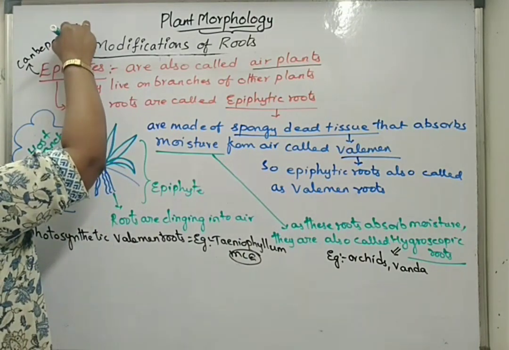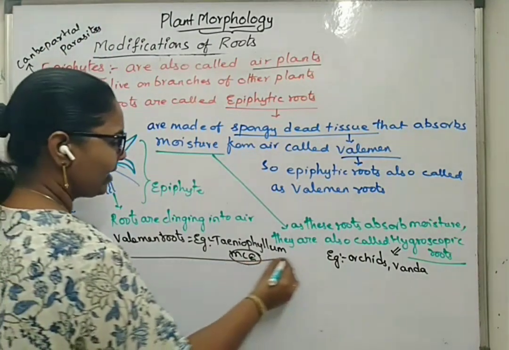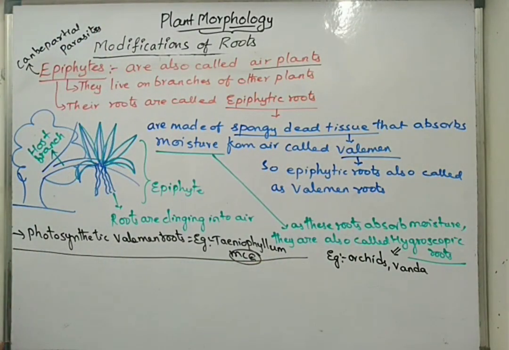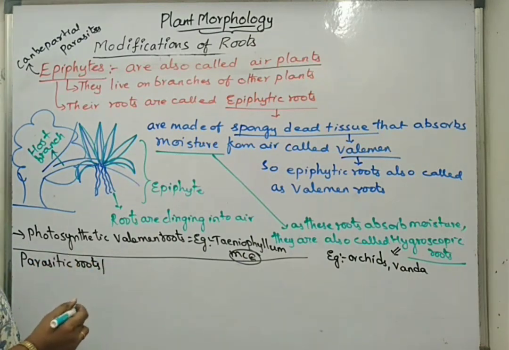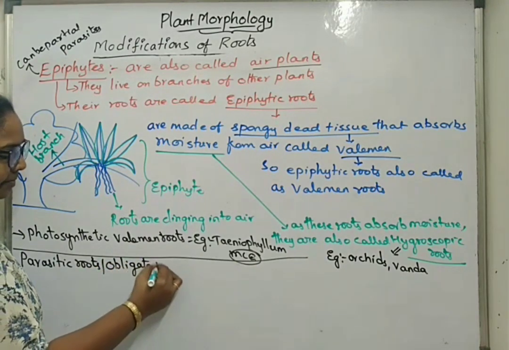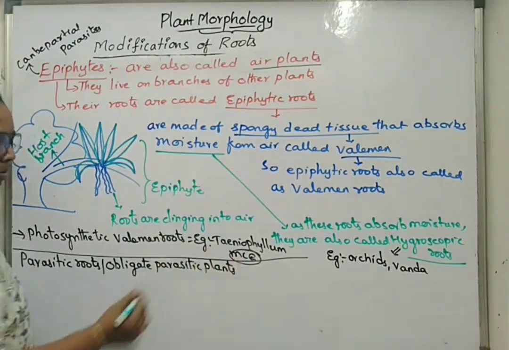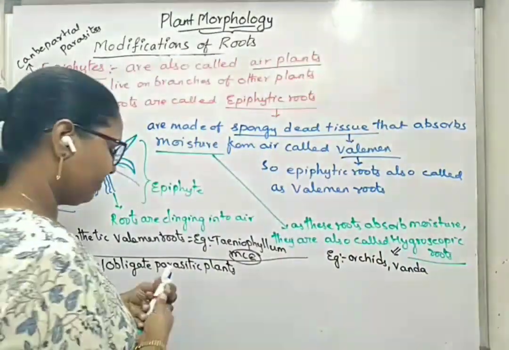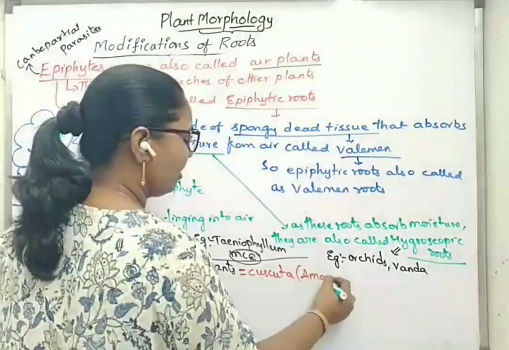There are some other types of plants that are completely dependent on the host plant. So, other types of roots are parasitic roots. As they are completely depending on the host, we can also say they are obligate parasites. Parasitic plants. So examples we can take here as cuscuta, which is also called dodder.